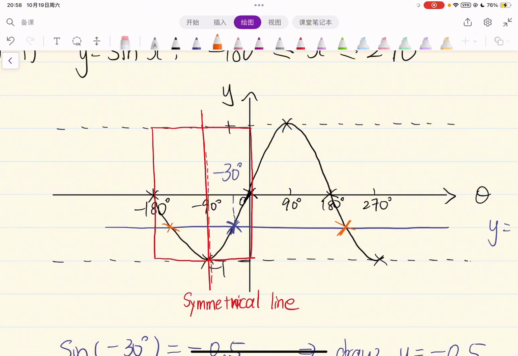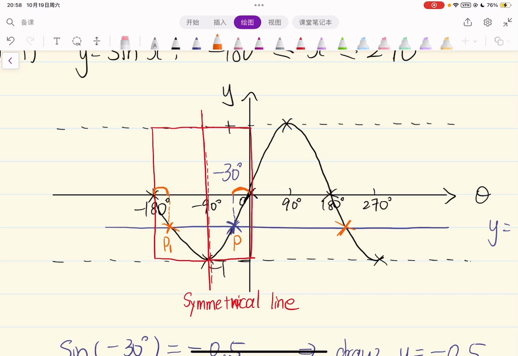Let us say this point is P1, and the point we know is called P. Since theta equals negative 90 degrees is a symmetrical line, the distance between negative 180 degrees and the value of theta of P1 is the same as the distance between 0 and negative 30 degrees.